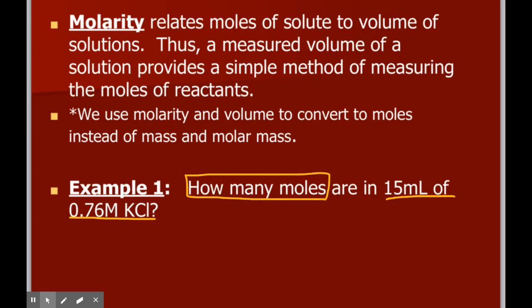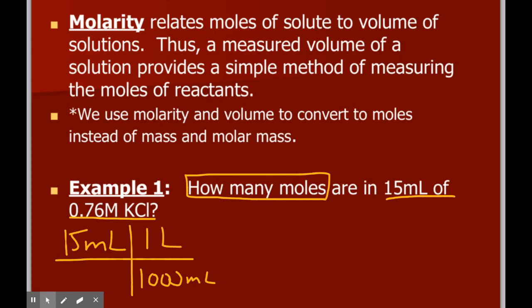So remember, when we're using molarity, the volume needs to be in liters. So the first thing we're going to have to do is take our 15 milliliters and convert it to liters. And we do that by dividing by 1,000, or 1,000 milliliters in 1 liter.